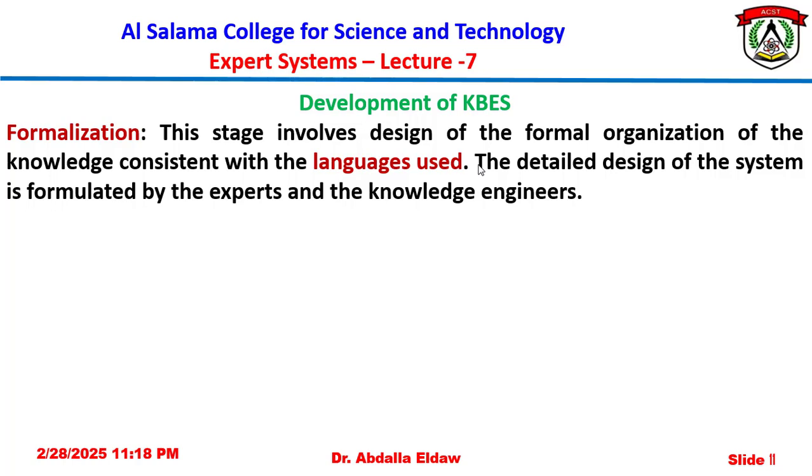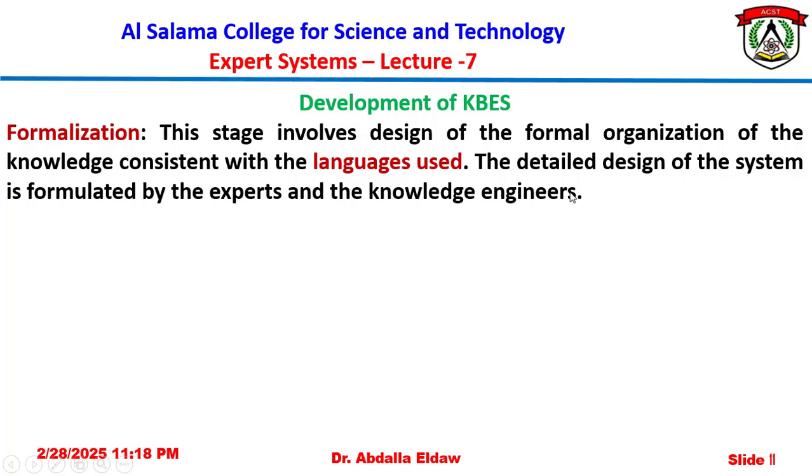The second stage is formalization. This stage involves design of the formal organization of the knowledge consistent with the language or languages used. The detailed design of the system is formulated by the experts and the knowledge engineer. Here we must make formalization for the knowledge like the rules and the facts and the strategies and the language used in this system.